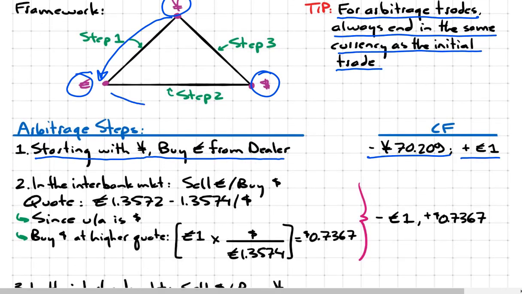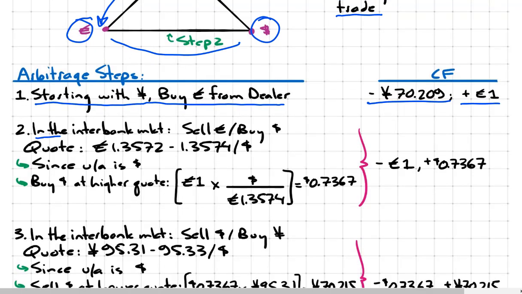So now step two is, well, we need the euro. So you're going to go to the interbank market and you're going to sell the euro. That's step 2. So you go to the interbank market and you sell the euro and you buy the dollar. Now the interbank quote for the euro to dollar is as follows right there. So the underlying asset, it's always a denominator.